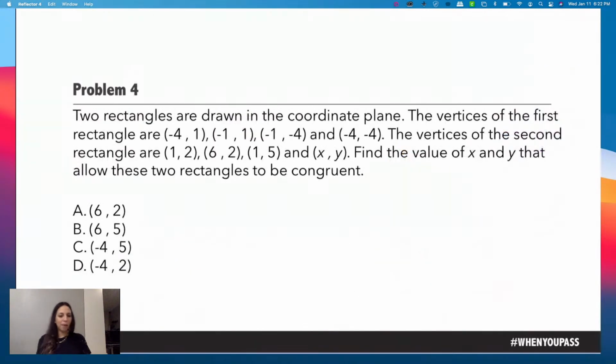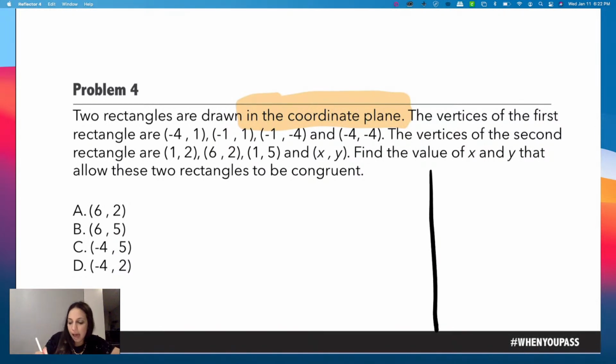All right, problem number 4. 2 rectangles are drawn in the coordinate plane. This problem is for whoever my friend was that asked for a coordinate plane problem. I am a very visual person.